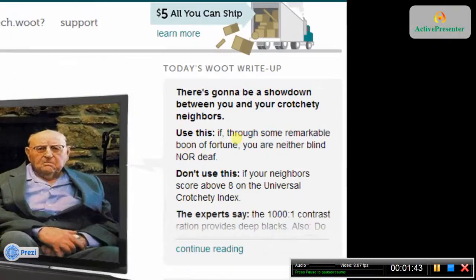One of the major themes since the creation of the website has been its sardonic sense of humor. As you can see, basically with each product there's a write-up that accompanies everything. Today's Woot write-up is there's going to be a showdown between you and your crotchety neighbors.